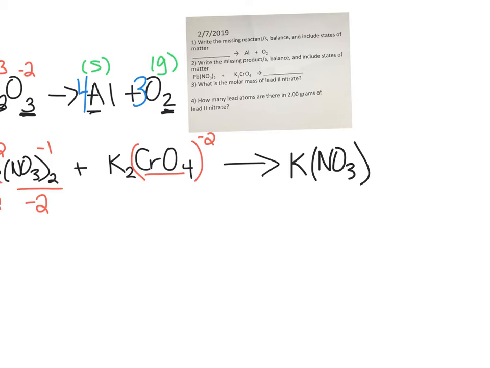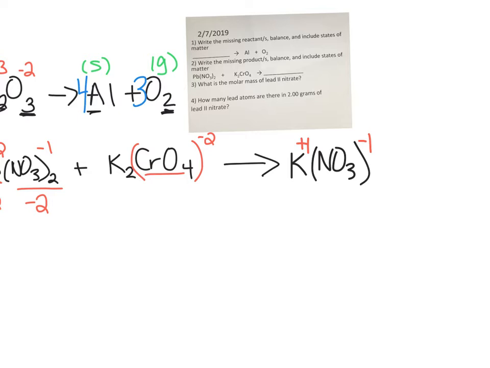So we've got to worry about charges. Potassium is in group 1. What's his charge? +1. Nitrate, we said earlier, was a -1. So if I crisscross those, do I end up with any subscripts?